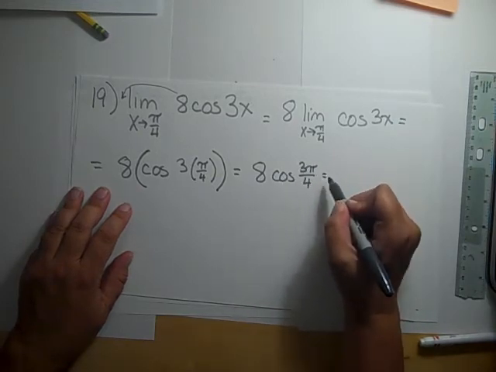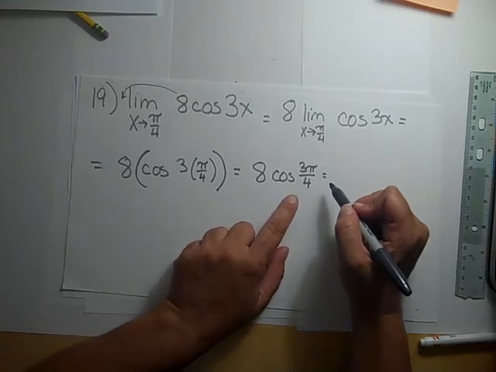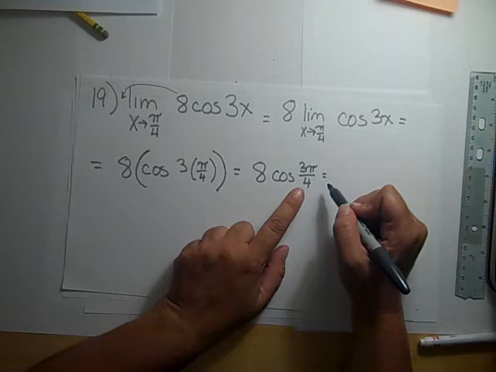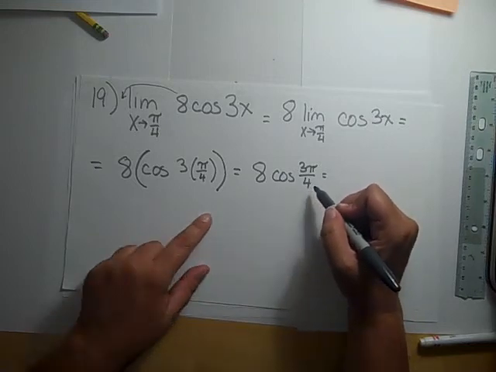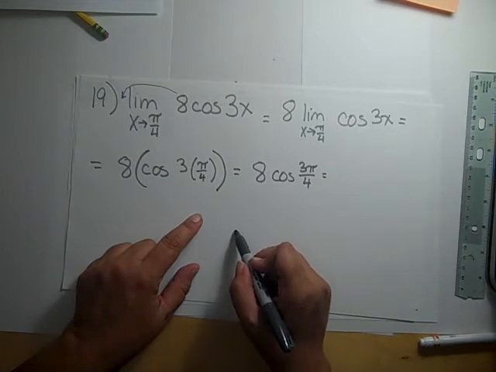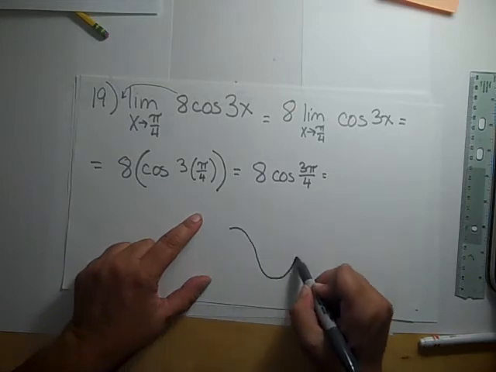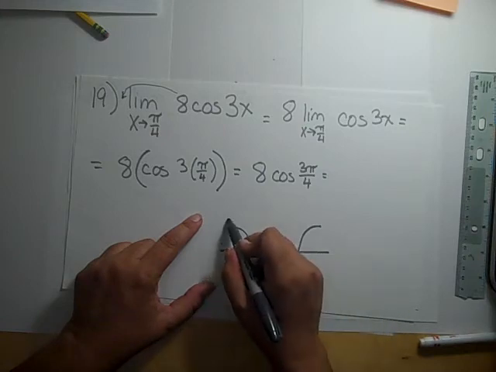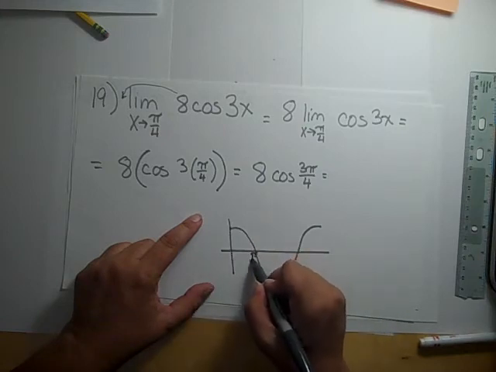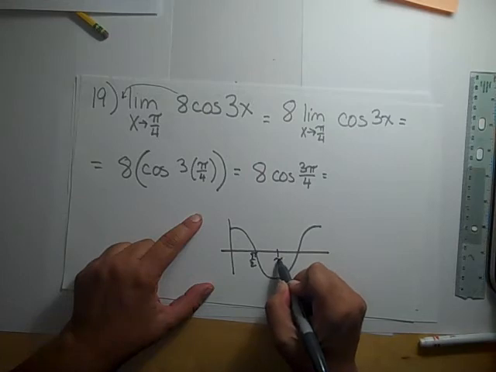How do you solve this? You need to know what cosine of 3 pi over 4 is. And hopefully you remember that all the cosine and sine values with a 4 in the denominator are square root of 2 over 2. And hopefully remember, here's pi over 2, here's pi.